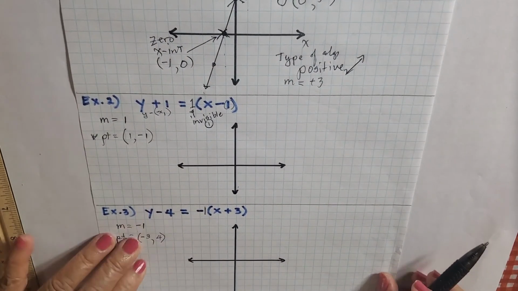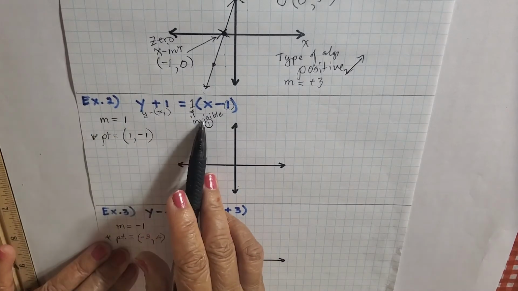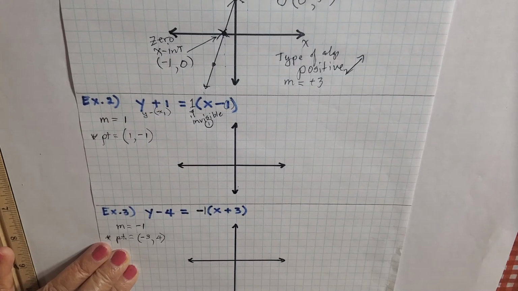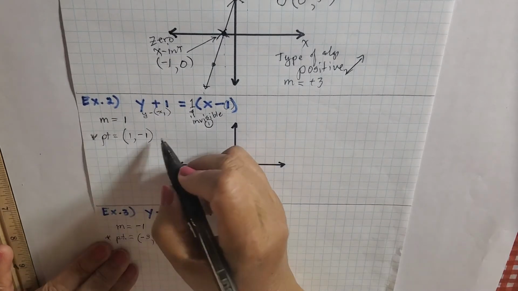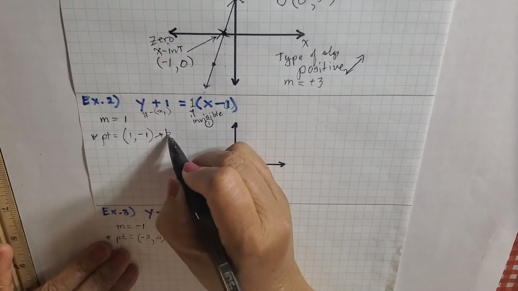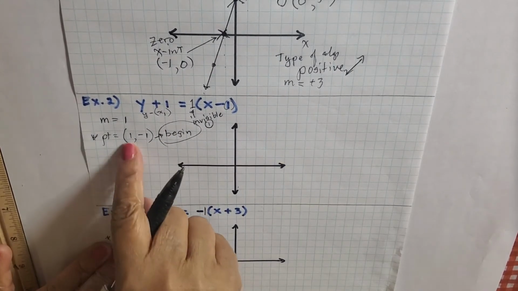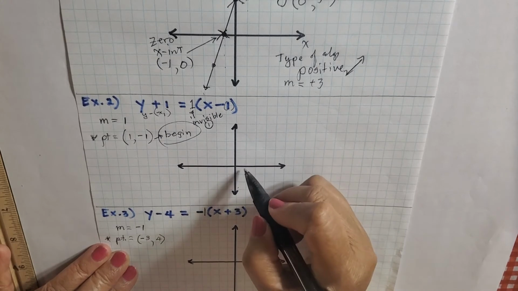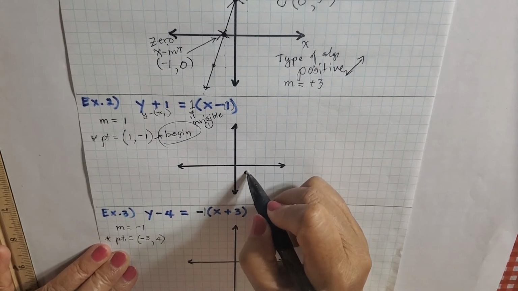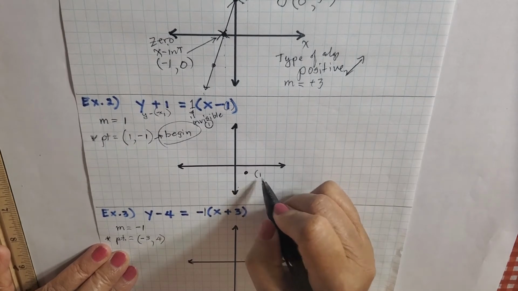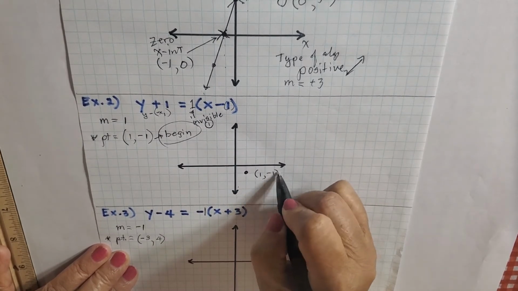On number 2, we already identified the slope and the point. We always begin graphing at a point. So I need to identify the point, 1, -1.